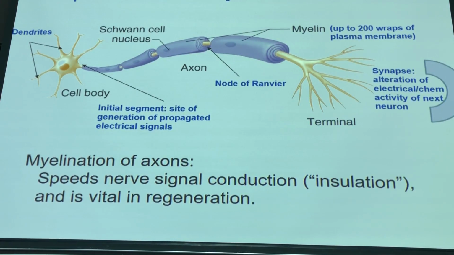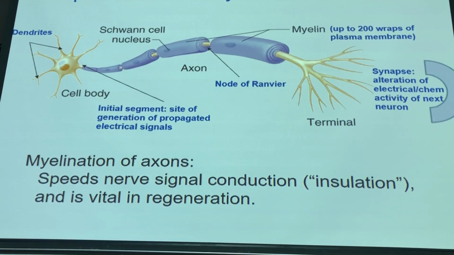So I think I also mentioned last time that myelination acts as insulation, so that it speeds nerve signal conduction. It's like a coating on the nerve that speeds the conduction of the signal, but it's also very important in nerve regeneration.